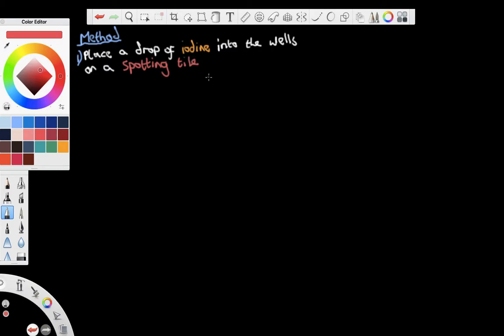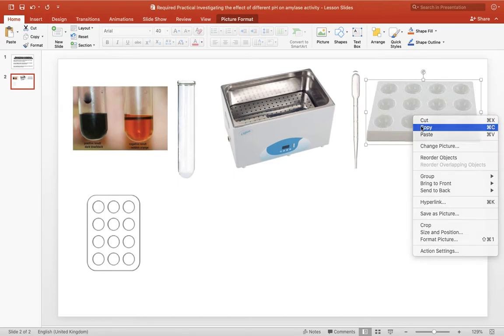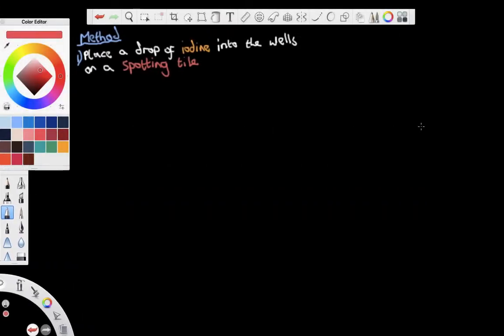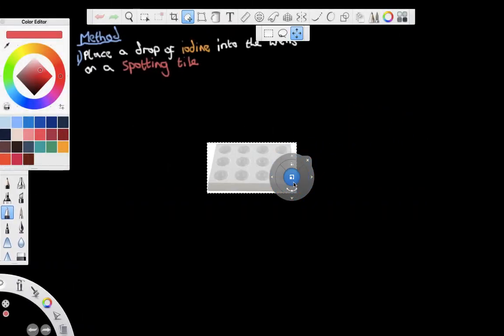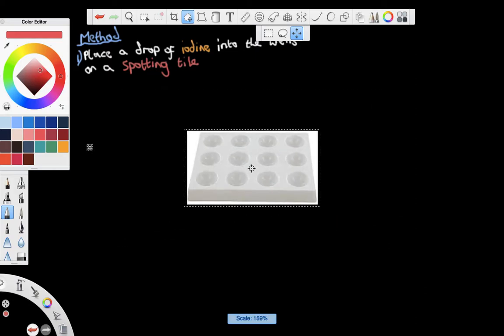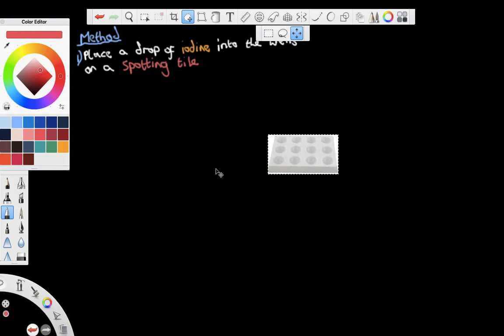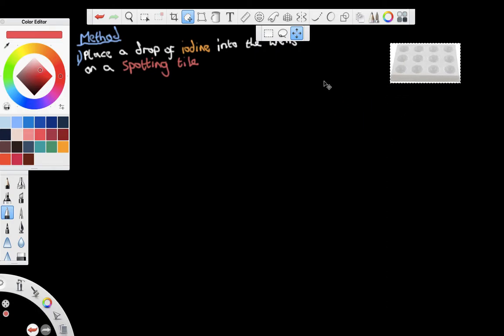Okay, now a spotting tile looks like this. A spotting tile is like a plastic square with these little wells inside of them. So into each of these wells, we're going to put some iodine. So this is my spotting tile.